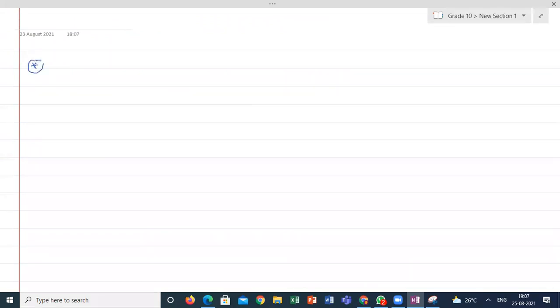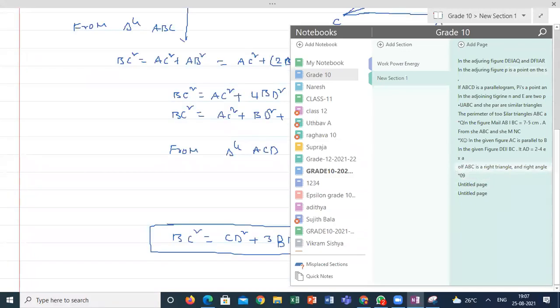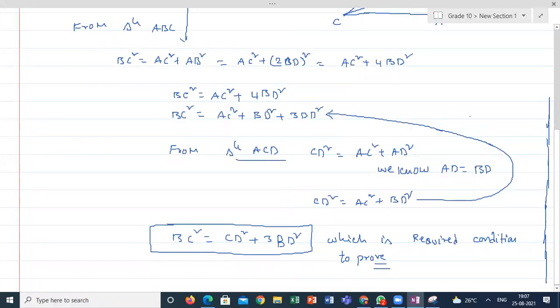Sir, can you explain that question's last step, sir? See here, if I'm taking triangle ACD, how does the triangle ACD look? This is only triangle ACD now. If I'm applying the Pythagoras theorem in triangle ACD, what will it give? CD square is equal to AC square plus AD square. But D is the midpoint of AB. This is D. That means AD is equal to DB only.